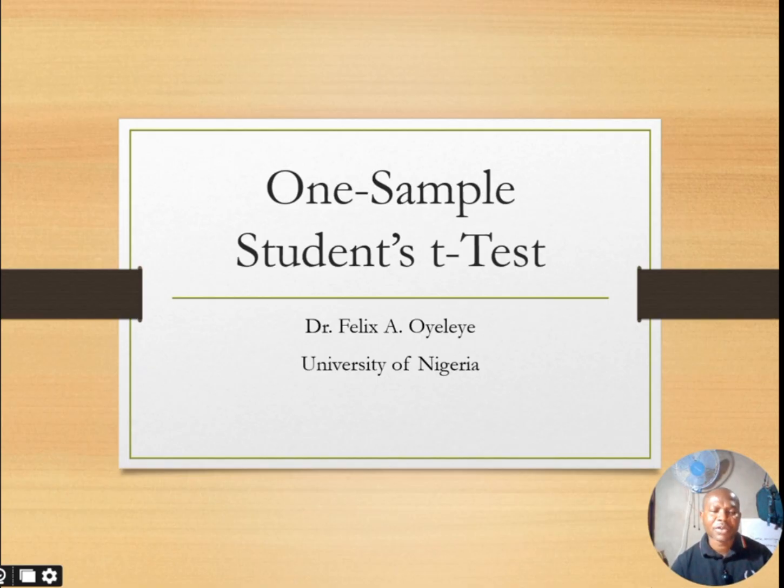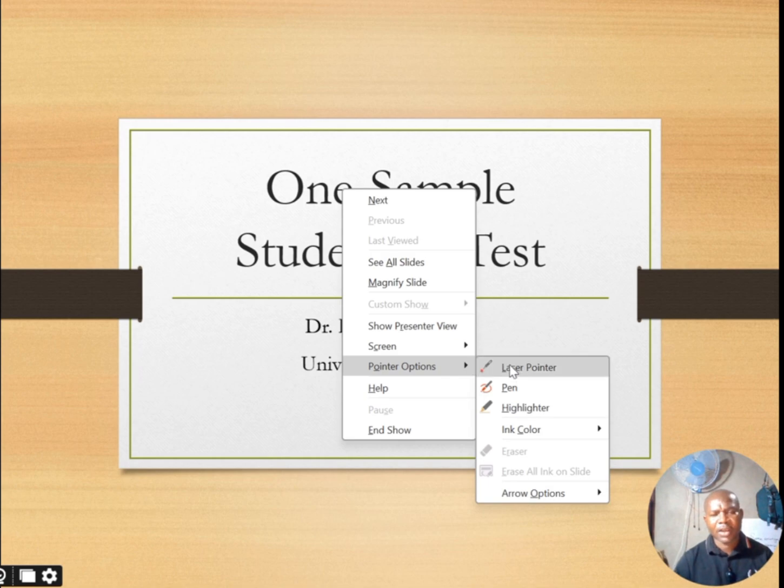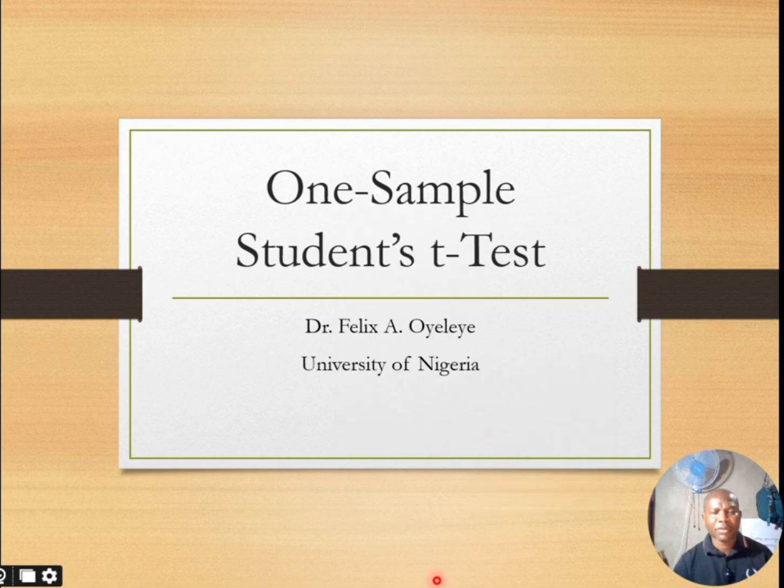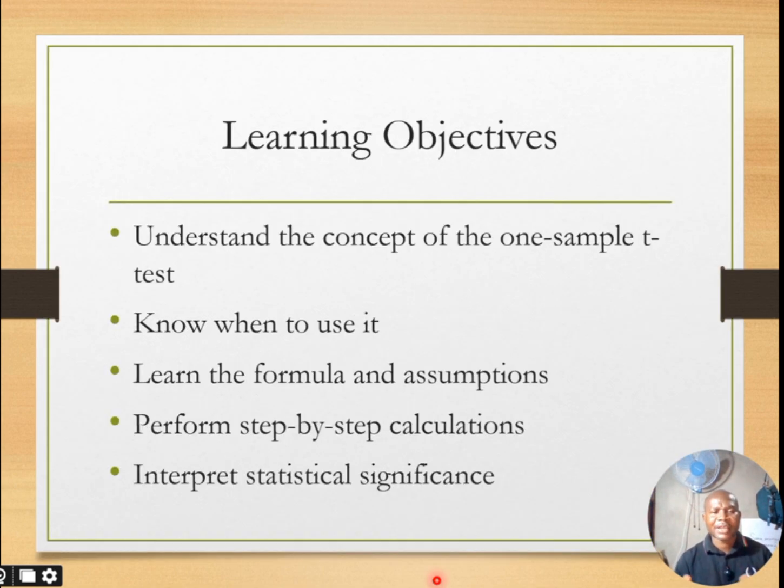So, as usual, before I start, I always want to go through what I call learning objectives. At the end of this presentation, you should understand what the one sample t-test is all about and when we actually use it in statistics.